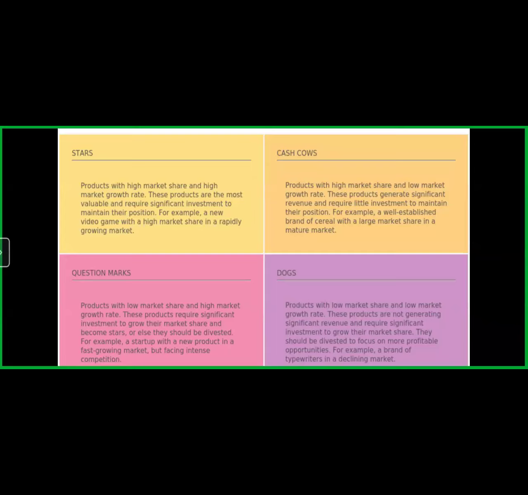And if we say that LG is enjoying a great market share in the sale of air conditioners, that is the first thing, which talks about high market share.